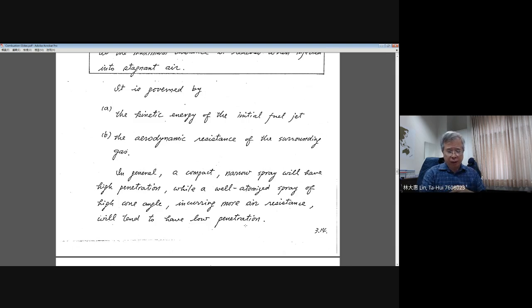Therefore, you understand why we need to use the micro explosion behavior for the multi-component droplet. Usually I'd like to have a spray that can extend to a long distance. But the next consideration is that I hope the spray will produce very tiny droplets, but in this sense, the penetration will become smaller. These two considerations cannot compensate each other, except when you can use micro explosion.